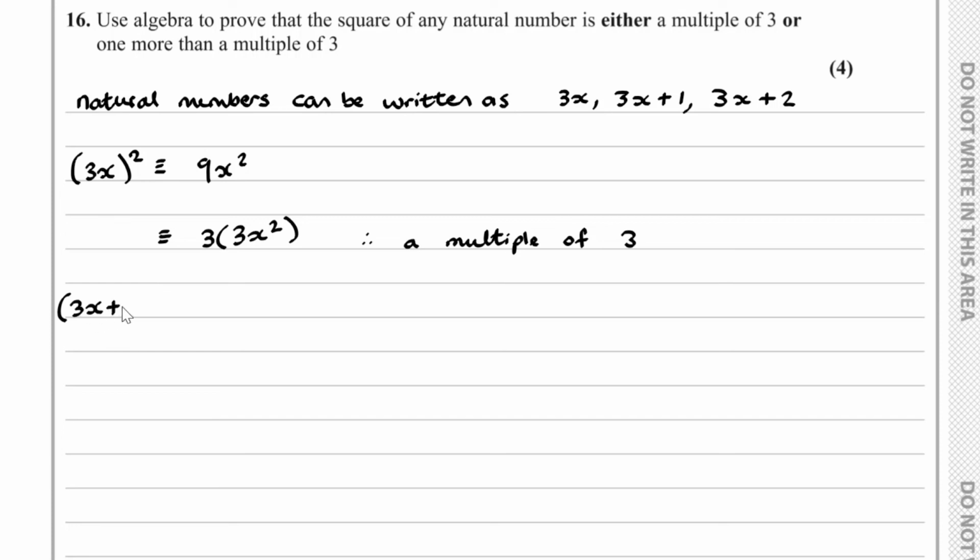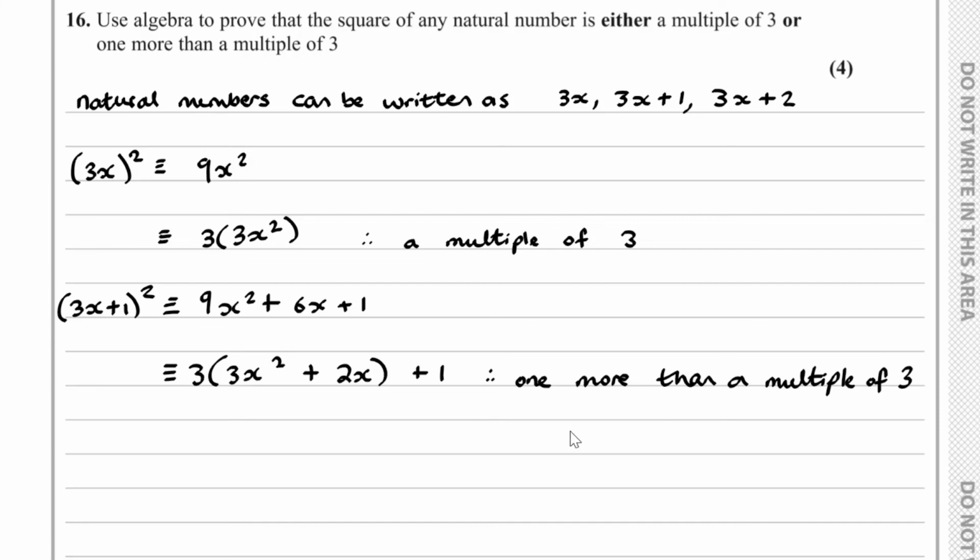So if we have 3x plus 1 and then we square this, what we have over here is 9x squared plus 6x plus 1. Okay? And if we factorize out a 3 from the first two terms, we have 3 lots of 3x squared plus 2x, plus 1. So we have something which is one more than a multiple of 3.